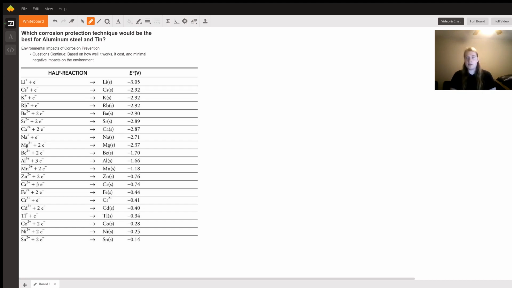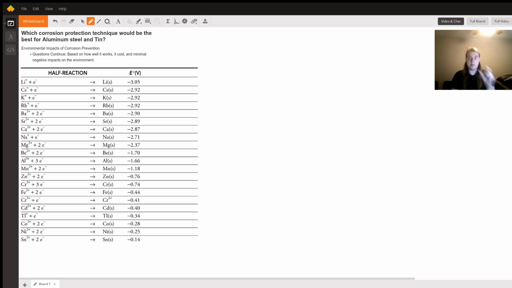Okay, so if we look at this example of lithium again, lithium plus an electron goes to lithium solid. The half cell potential for that reduction is minus 3.05 volts. That is a very large negative number. So what that tells us is lithium really doesn't want to be reduced. That makes sense, right?